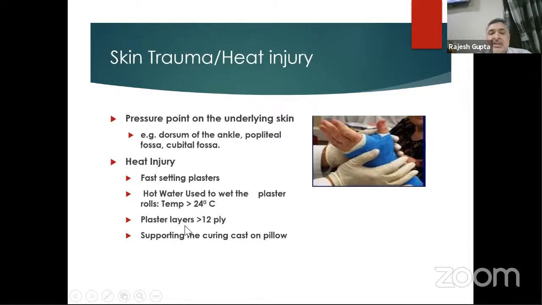Also, when the plaster layers are more than 12, so don't use more thickened plaster. When you support the curing cast on a pillow, when you cover your plaster of Paris in a polythene, and when you apply, as already discussed, the synthetic cast over the plaster of Paris, then there are more chances of retention of heat and heat injury.